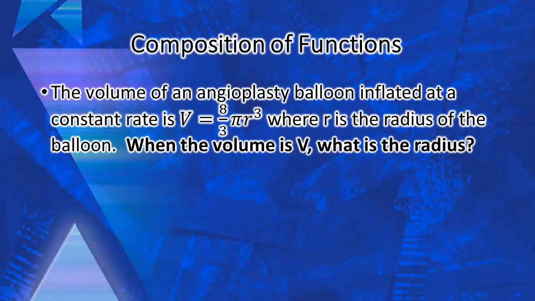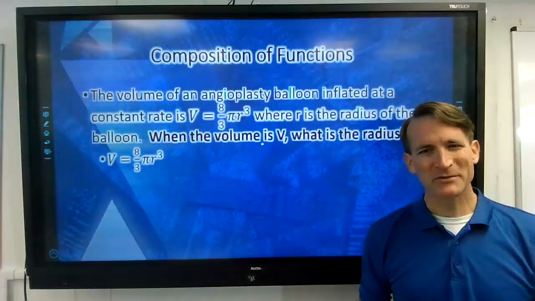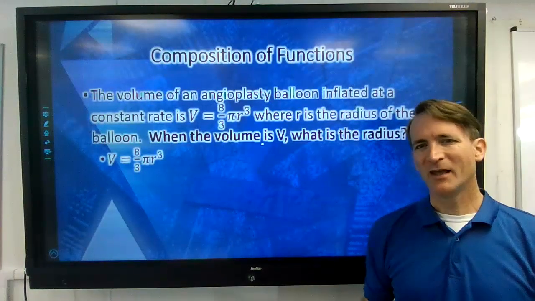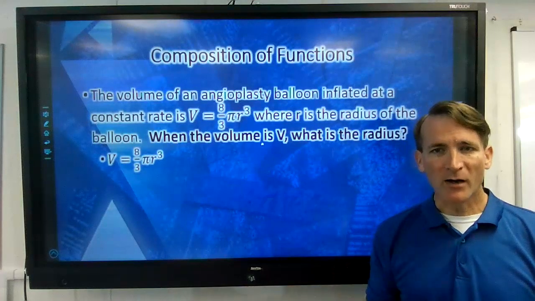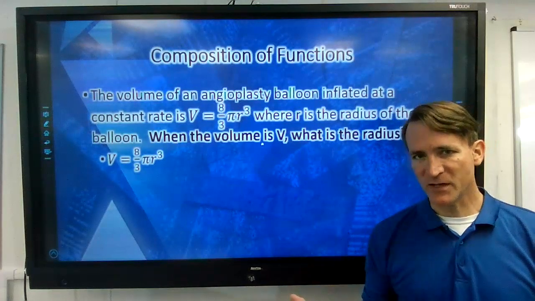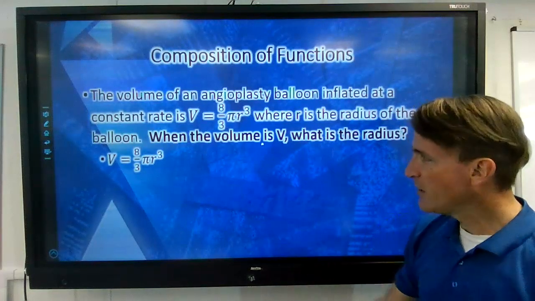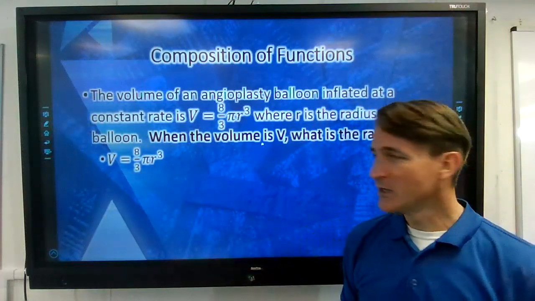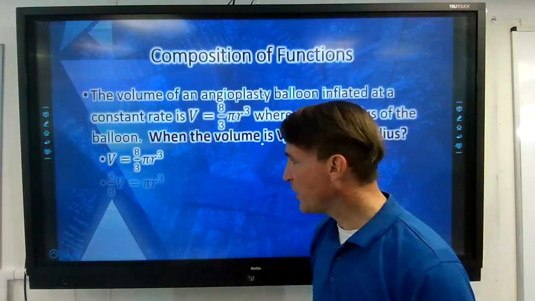Let's do another problem, also working with this angioplasty balloon. When the volume is V, what is the radius? So now I'm taking my original equation of 8/3 pi r cubed, and I'm solving for r instead of for V. To do that, you could multiply both sides by 3 to get rid of the fraction first, and then divide both sides by 8 pi.